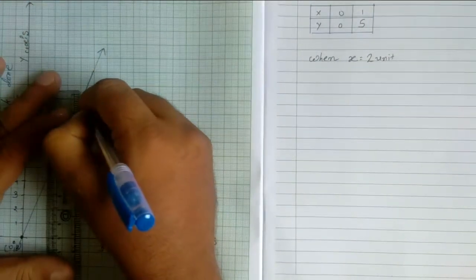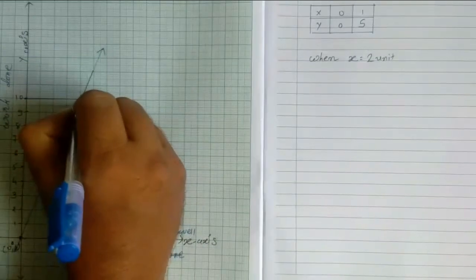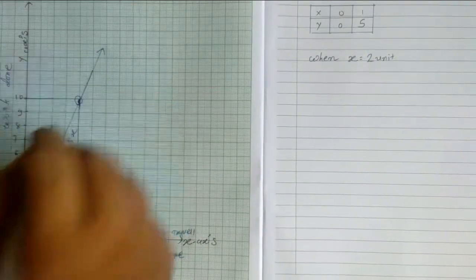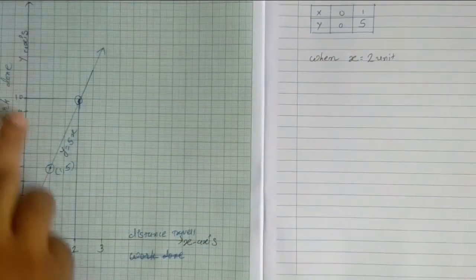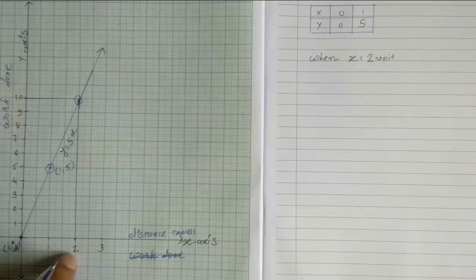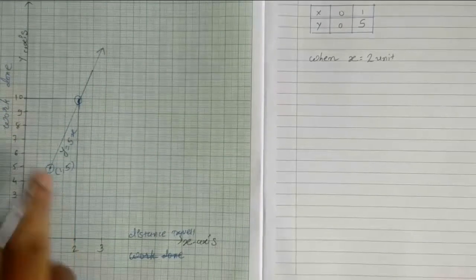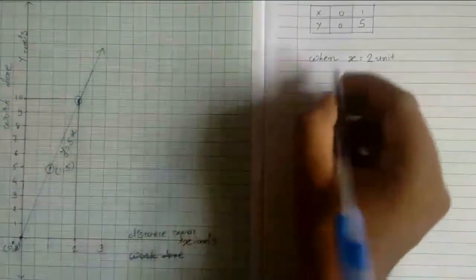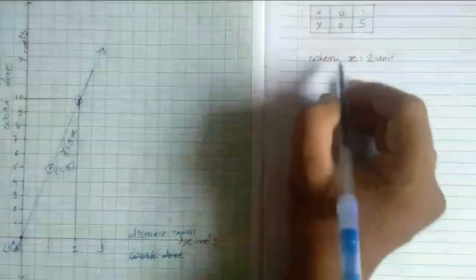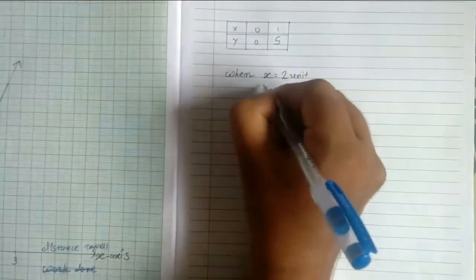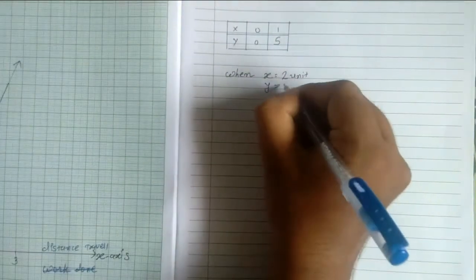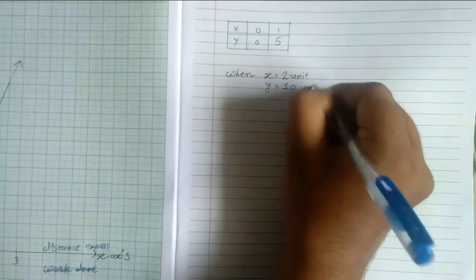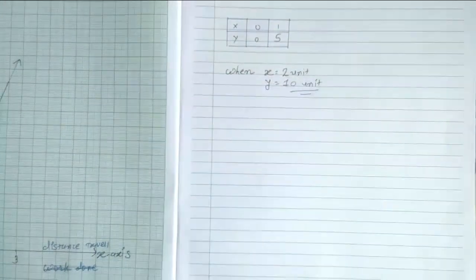So we can see that approximately 10 unit; when distance traveled is 2 unit, at that time work done is 10 unit. Similarly, we can write when x is equal to 2 unit, y equals 10 unit.